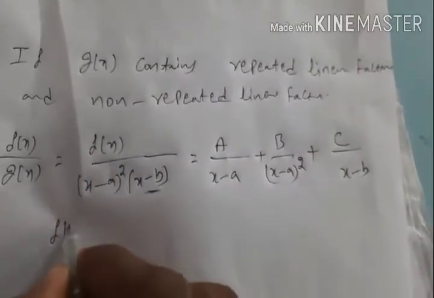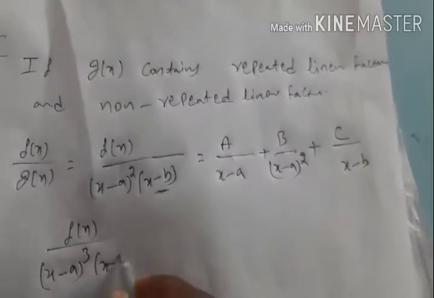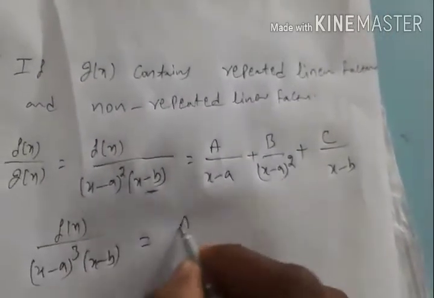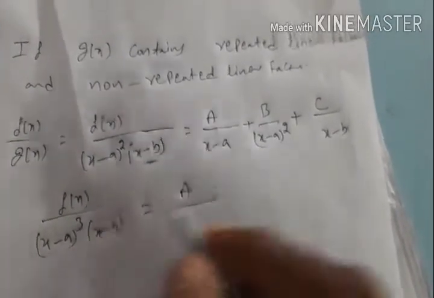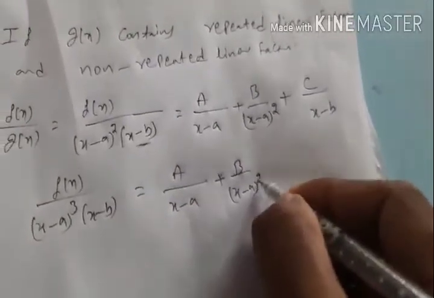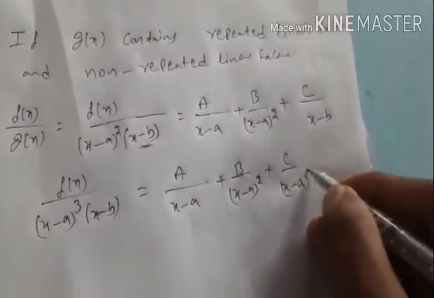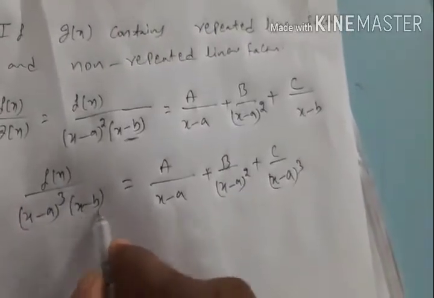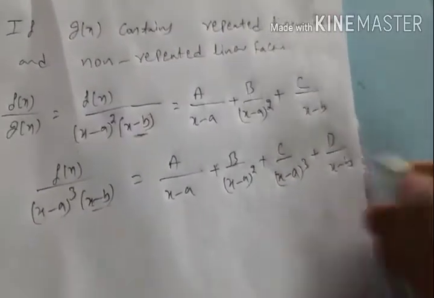If f of x by x minus a whole cube and x minus b, here x minus a is a linear factor repeated 3 times. That's why you take a by x minus a plus b by x minus a whole square plus c by x minus a whole cube, and the second factor is a non-repeated linear factor. You take another constant d by x minus b.